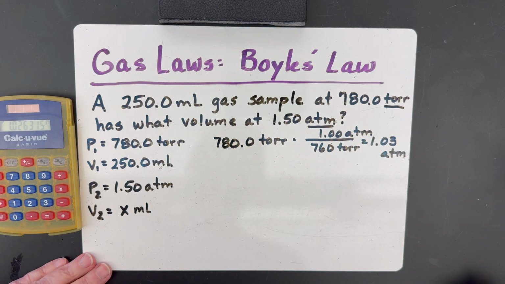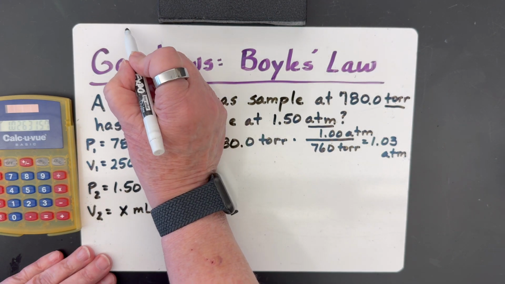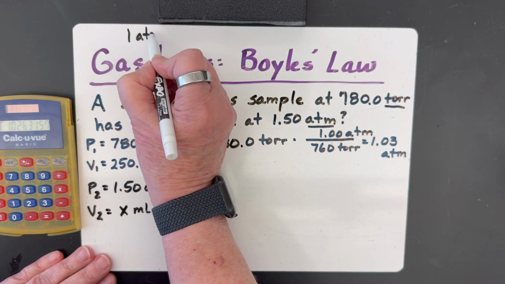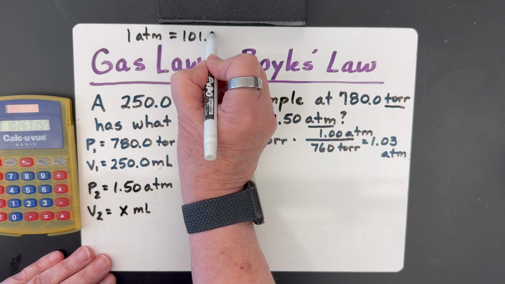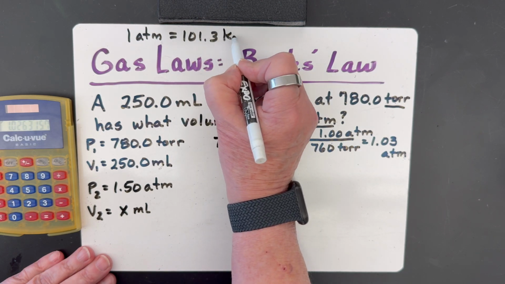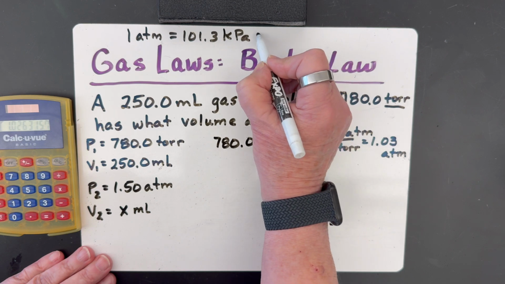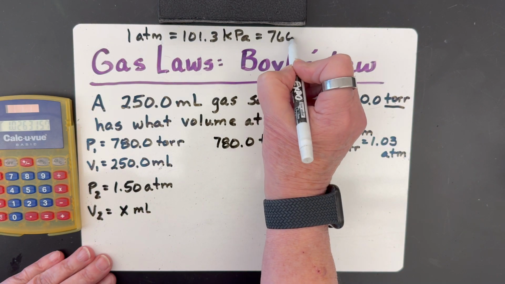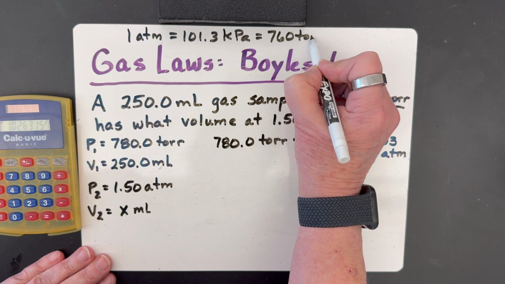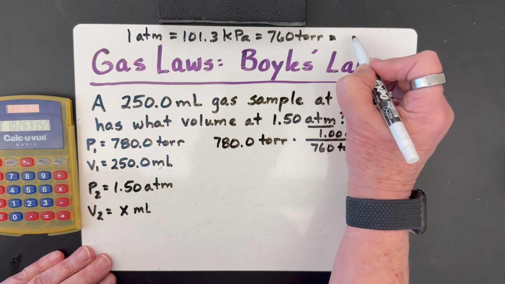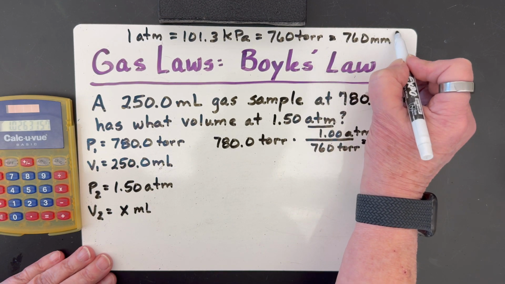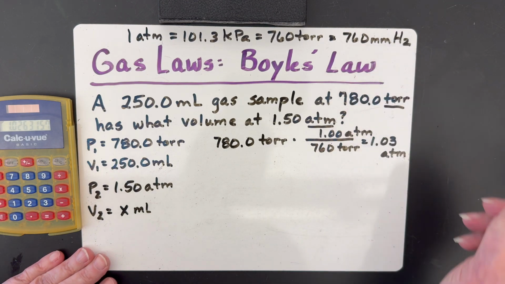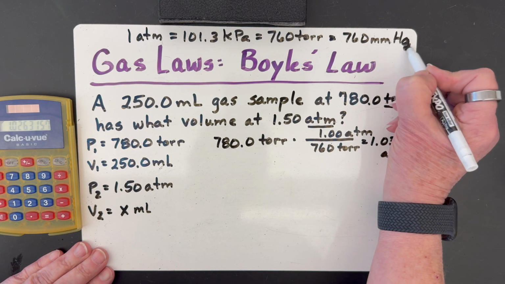So for your conversions between pressures, 1 atmosphere is equal to 101.3 kilopascals is equal to 760 torr, which is the same as millimeters of mercury, Hg.